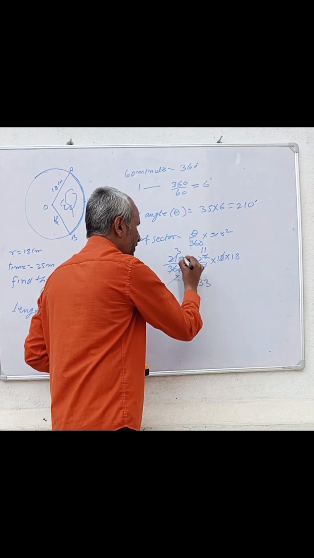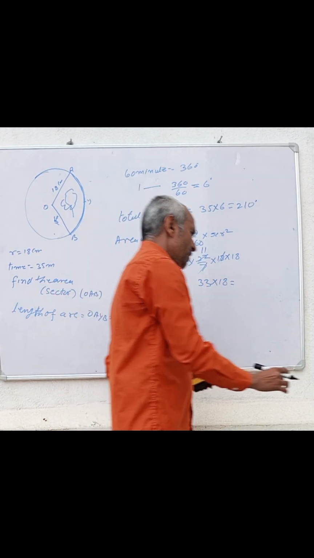So we get 11 into 33 is equal to 11 into 33.